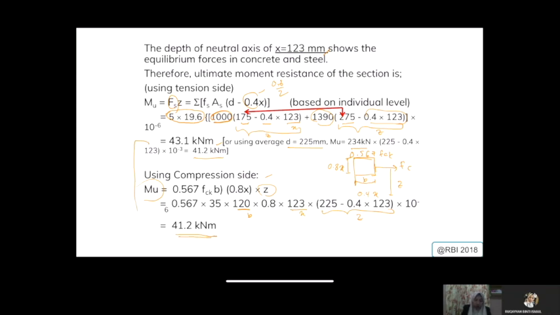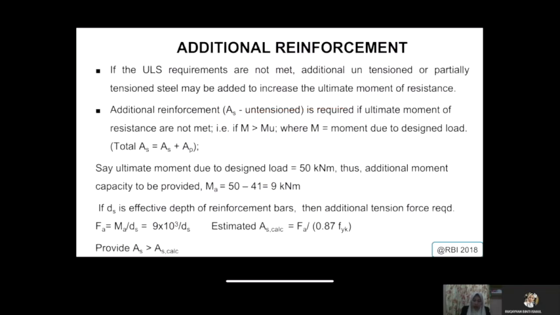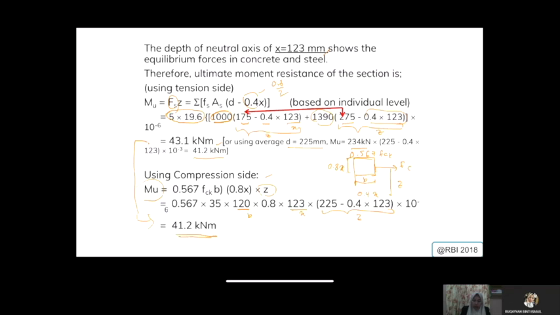So you look here, it is more or less the same, the same values, and that will be your ultimate moment. You design based on that ultimate moment to consider for your section.